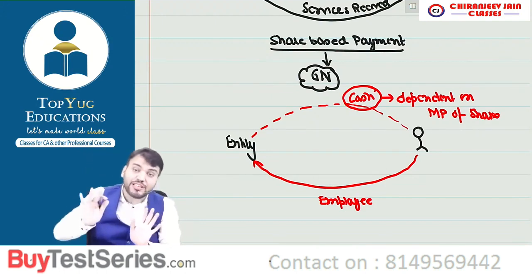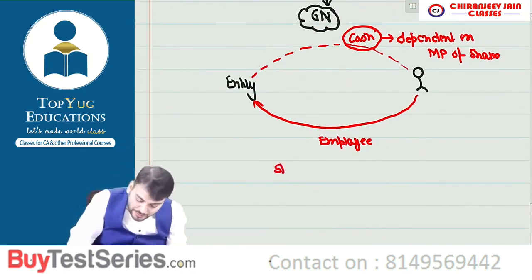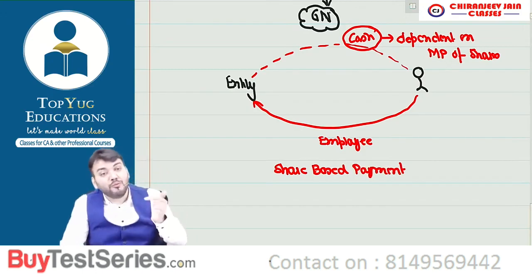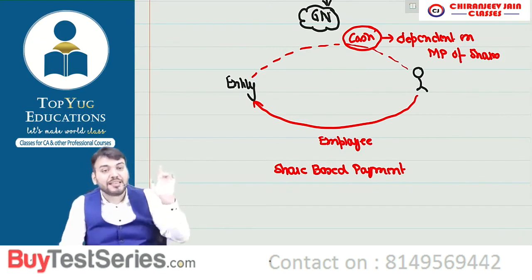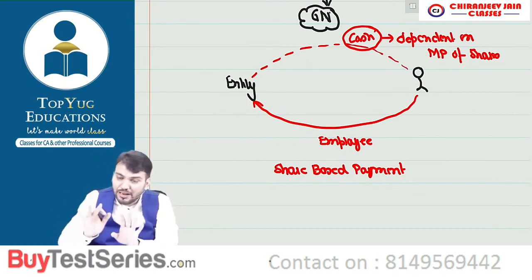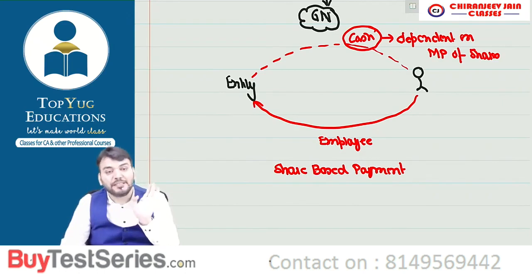So this is also known as share based payment. Are you getting what I'm saying? Where cash is paid, but how much cash is based on the market price of equity shares, that is also covered in this guidance note. What will we call it? Share based payment.